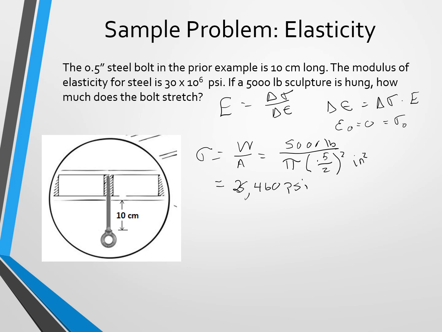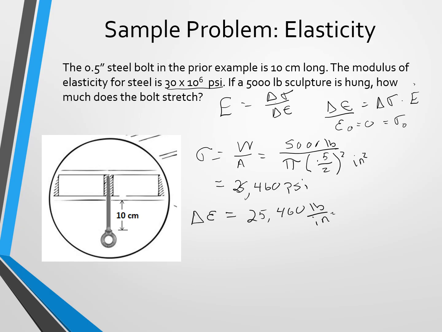Okay, and now we know what the modulus is. So we can plug that in here. So the change in strain is going to be this stress, 25,460 pounds per inch squared, times... I did that, let's see, this is not correct.